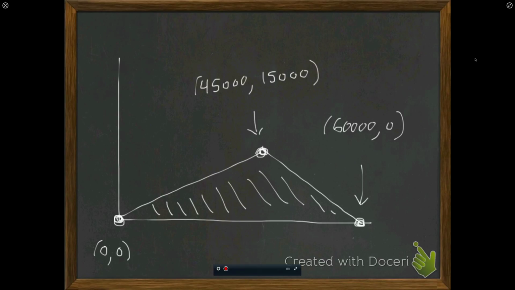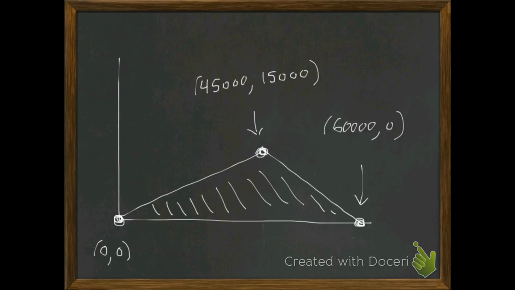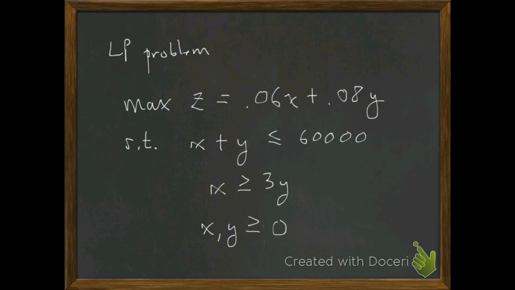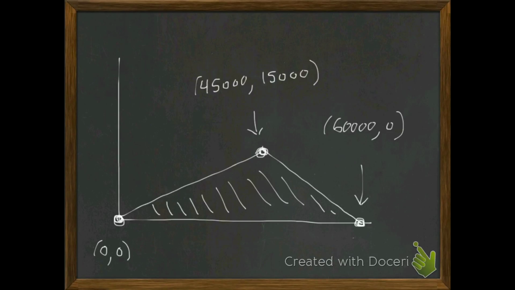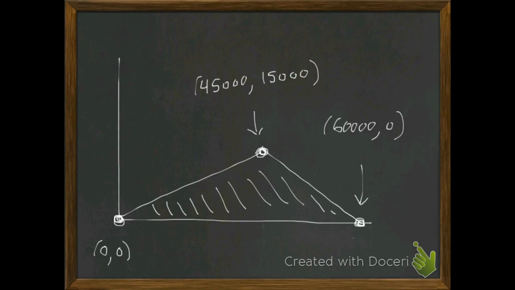Now what I need to do is set up my table just like I did before. I need my X's, I need my Y's, and I need my Z's. So guys, from way back when, we're trying to maximize 0.06x plus 0.08y. And our points, this one's irrelevant, the 0, 0.